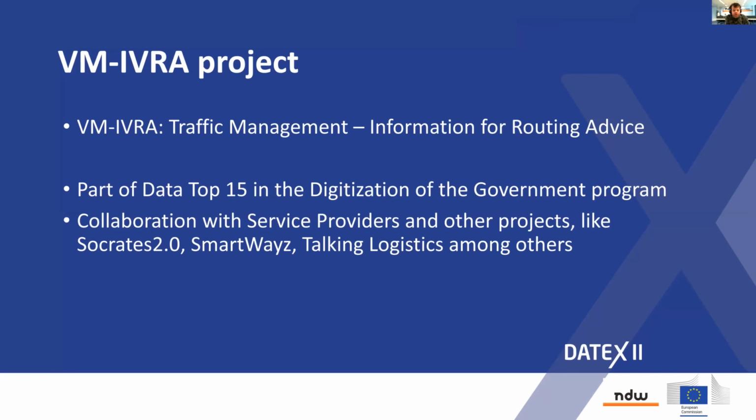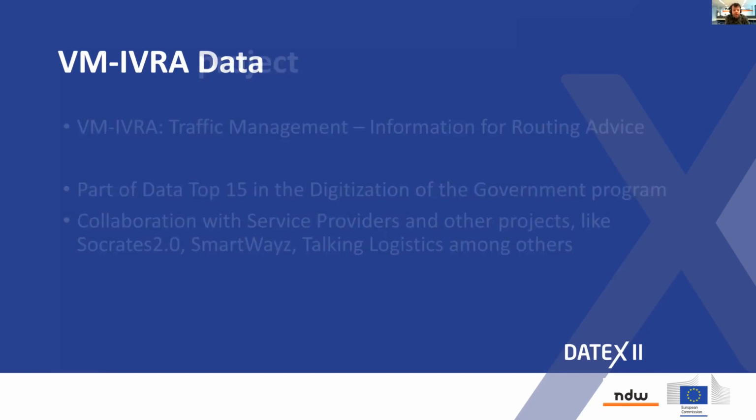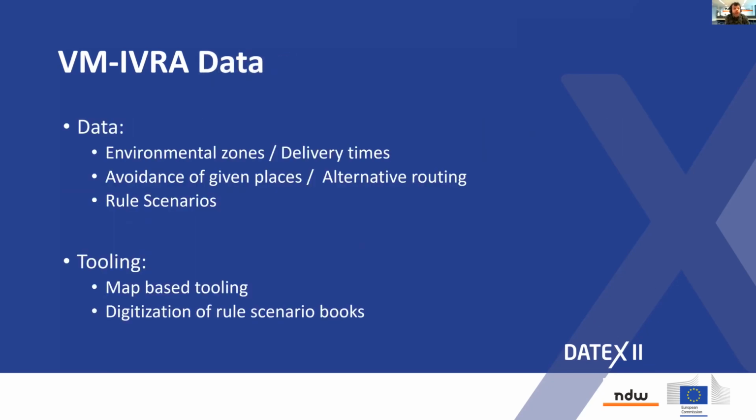public-private collaboration. So the project is cooperating with all these, trying to get the data around environmental zones, delivery times, avoidance of given places and alternative routing and rule scenarios to service providers as well as possible.